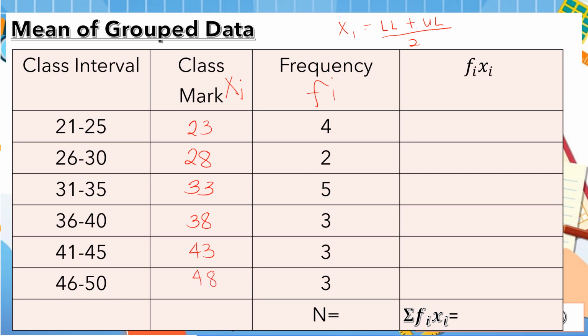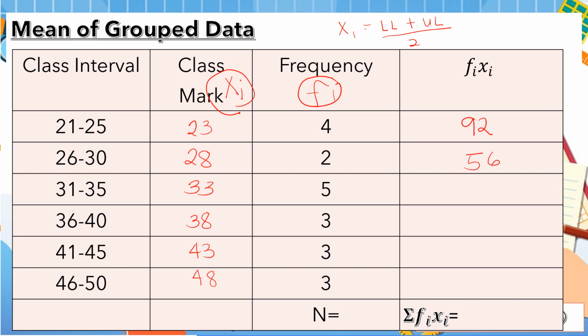Now we need to compute for the f sub i, x sub i. How are we going to compute for that? We need to multiply the frequency times the class mark. In the first class, the class mark is 23 and the frequency is 4. So 23 times 4, the answer is 92. Next, for the second class, the class mark is 28 and the frequency is 2. The answer is 56.